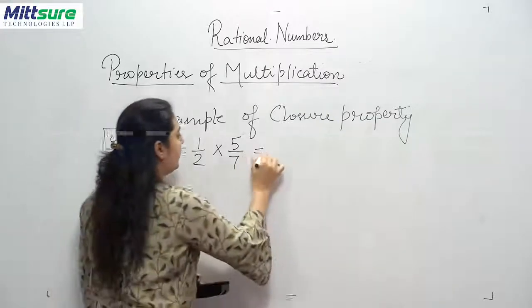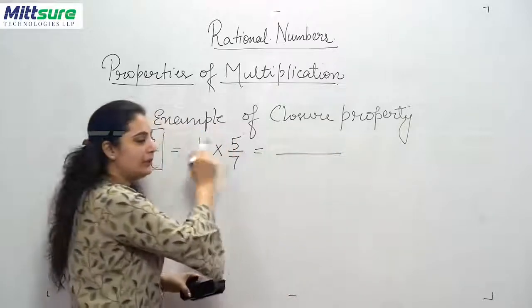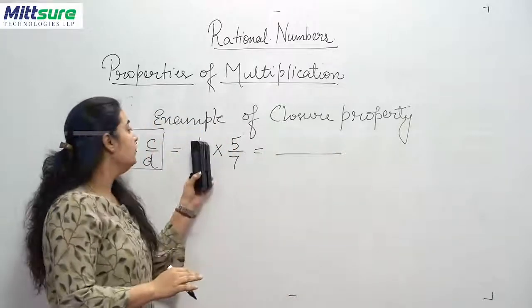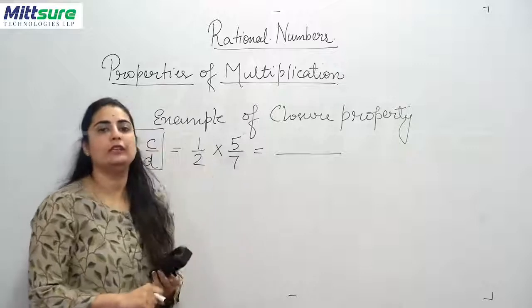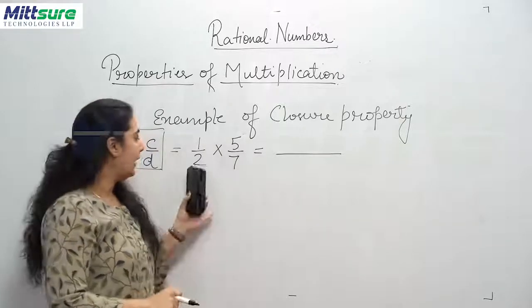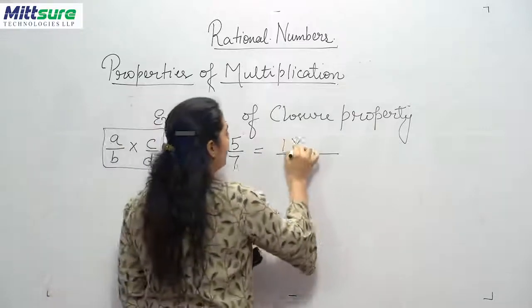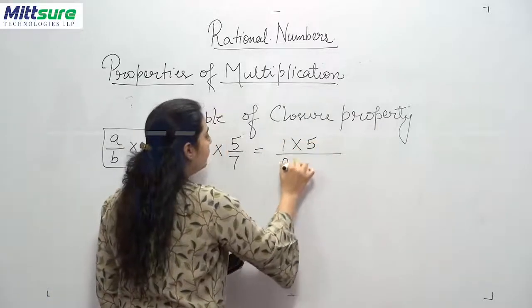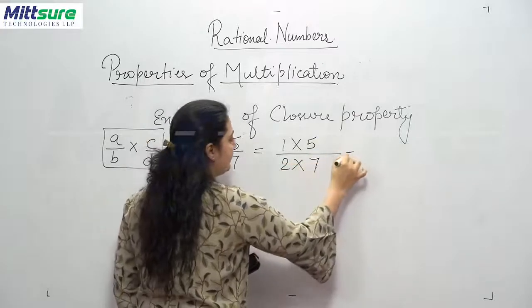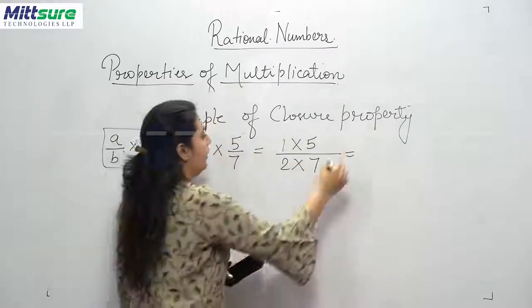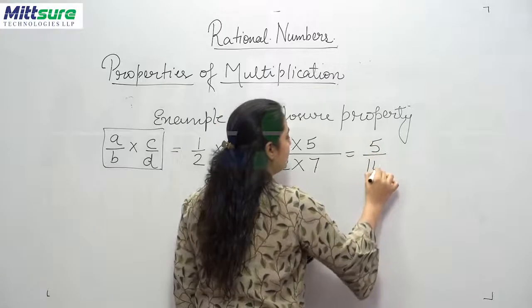So what are we going to do? We are going to multiply the numerator with the numerator and the denominators together. 1 multiplied by 5, 2 multiplied by 7 gives you 5 upon 14.